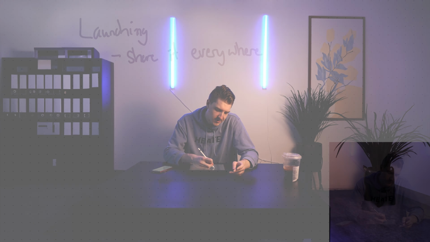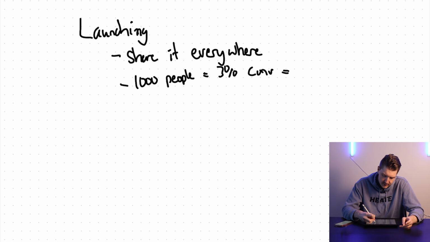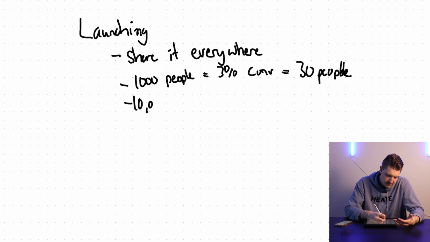But what that means is that if you only get 1,000 people to it with a 3% conversion rate, then you're going to have 30 people. Cool. And if all you can get is 1,000 people there, that's all you're going to get. But if you can get 10,000 people at 3%, now you have 300 purchases.